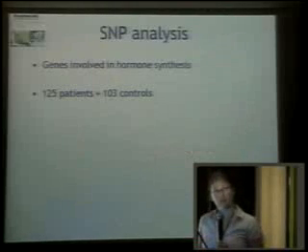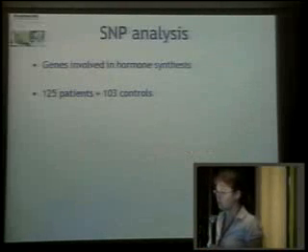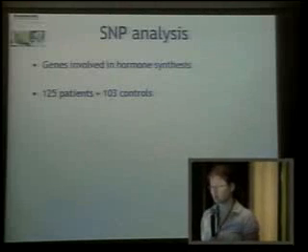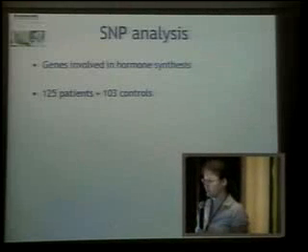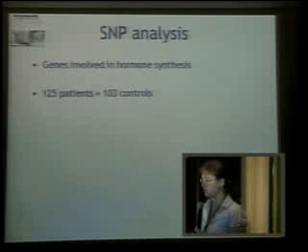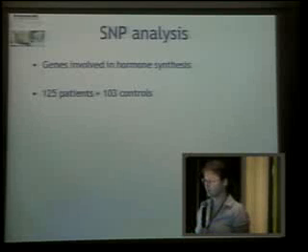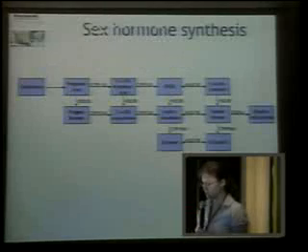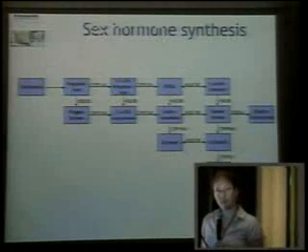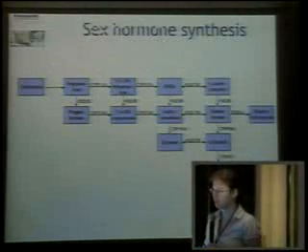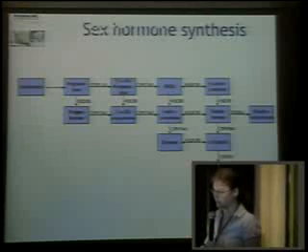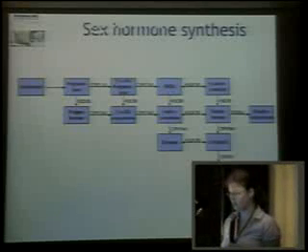We did a SNP analysis on genes involved in hormone synthesis, and we took 125 patients and 103 healthy matched controls, all from the endemic area here in Sudan. This is a scheme about the sex hormone synthesis in our own body, in the human situation.